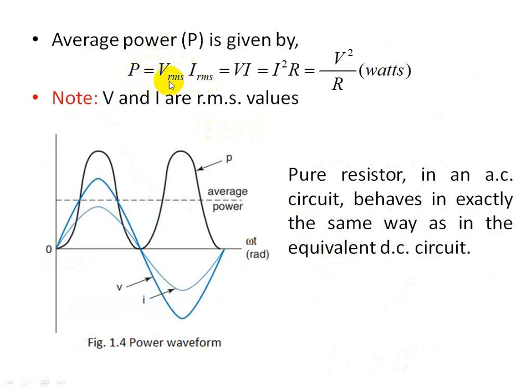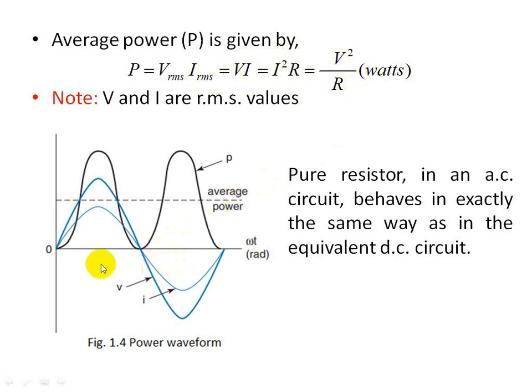Vrms can be simply written as V and Irms can be simply written as capital I. The capital letters always indicate RMS values. So this in turn will be equal to I square R. Also this will be equal to V square by R. These formulas we have already used in DC circuits. The same thing is applicable in AC also.